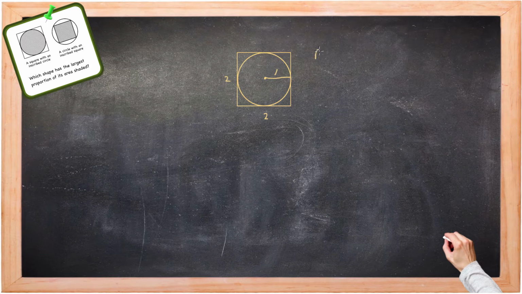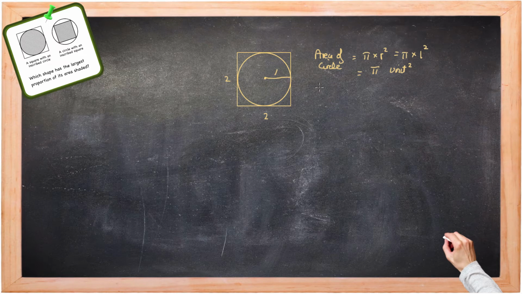So the area of that circle, remember the formula is pi times r squared, will be pi times 1 squared. Pi times 1 times 1. That's just pi. So whatever the units are, it'll be pi units squared. That's the area of the circle.